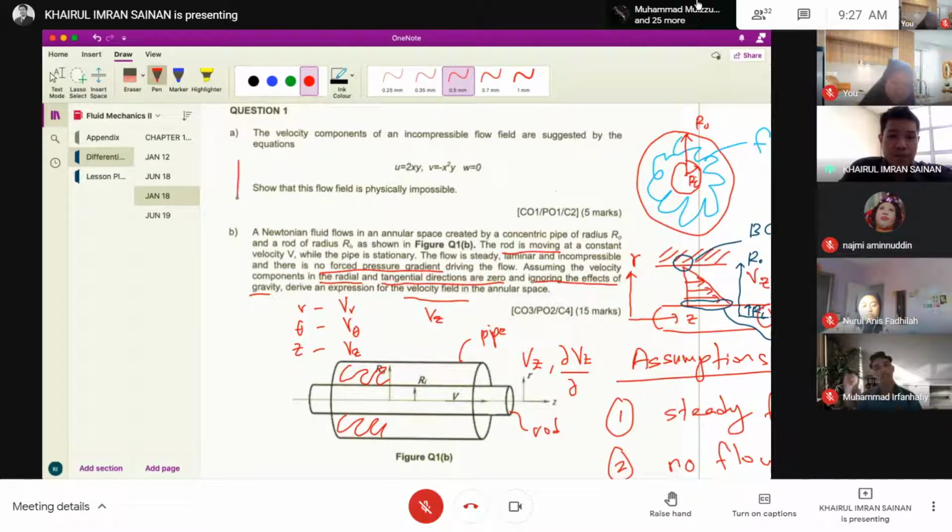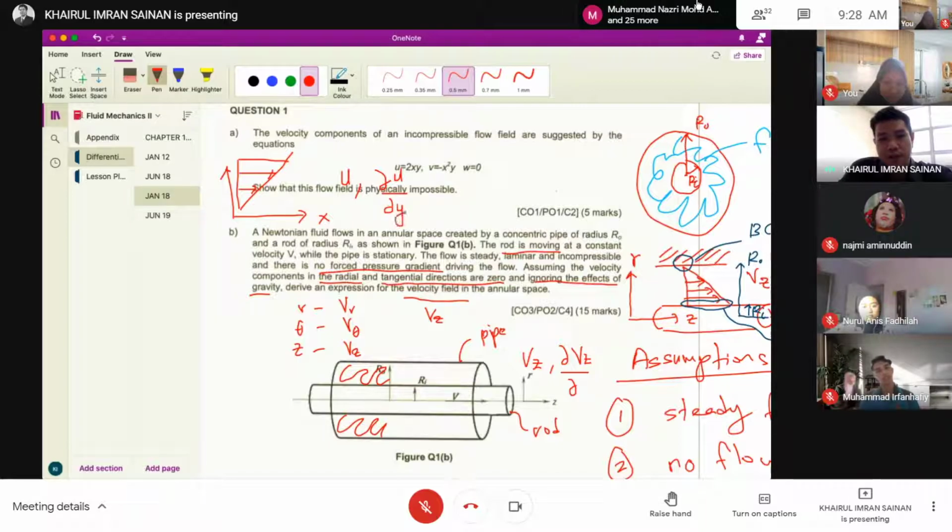Remember before we had a fluid flow, something like this. So this is the x direction, meaning your velocity is actually u. This one is the y direction. So the change of u is towards what?